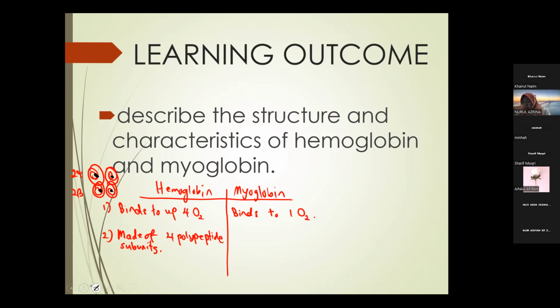Meanwhile, myoglobin is only composed of one polypeptide subunit. That's why it can carry only one molecule of oxygen.